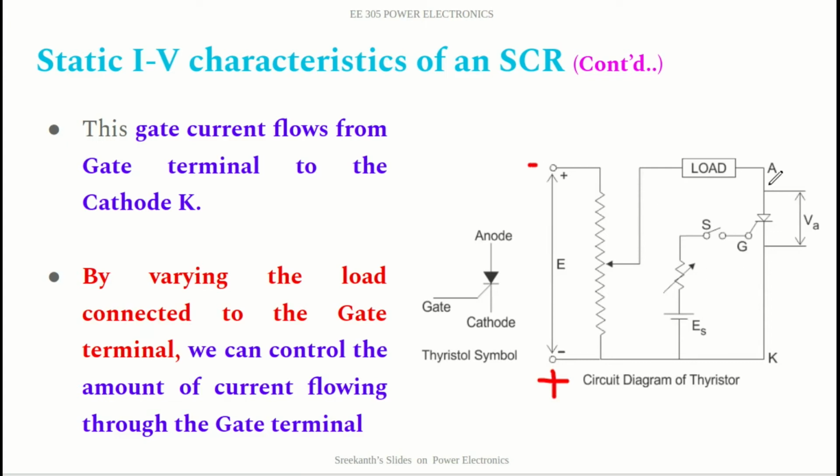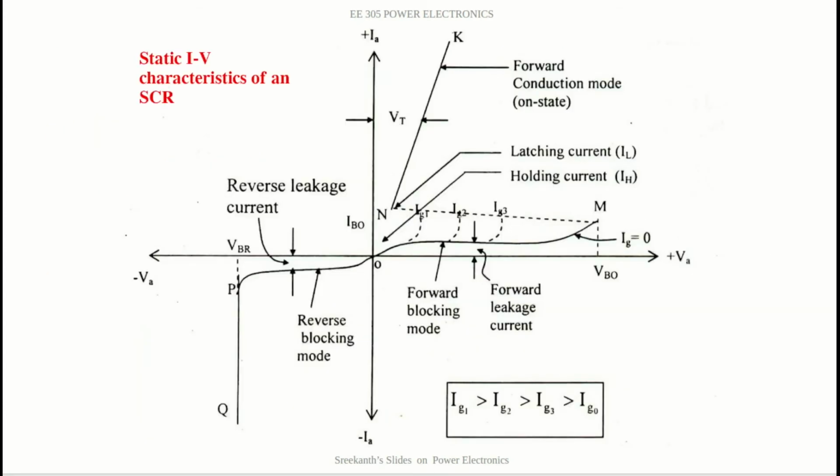What if I increase the potential across this? That is, I am increasing the positive voltage higher and higher with respect to the anode. Then it is seen that the reverse leakage current that was flowing will remain almost constant until a particular voltage is reached. If you look at this diagram, this is the characteristics and this gap is the reverse leakage current.